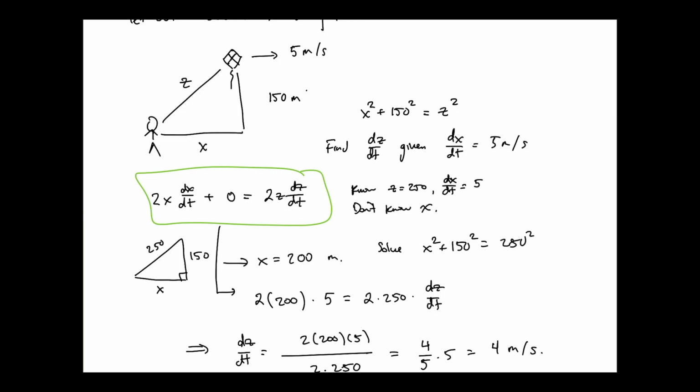That will help you determine what your key equation is, which is the equation, or sometimes there's more than one, that relates all of the different variables together. Once you've got that, then you can start differentiating, plugging in, and so on. But don't differentiate until after you've got the key equation. All right, so let's look at another one.